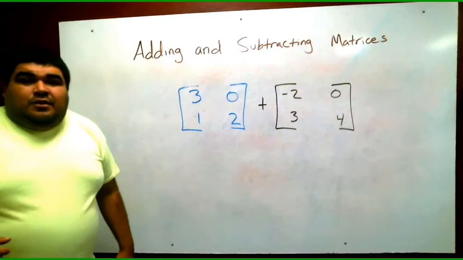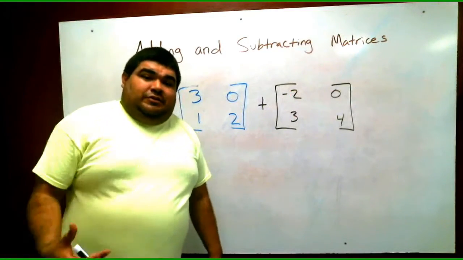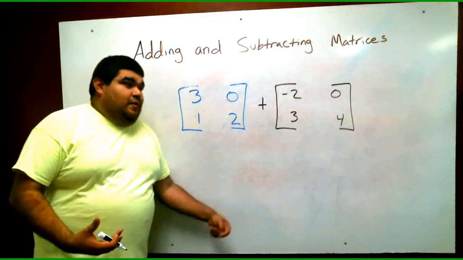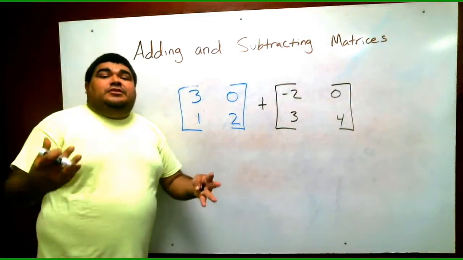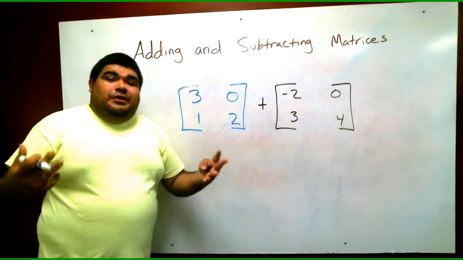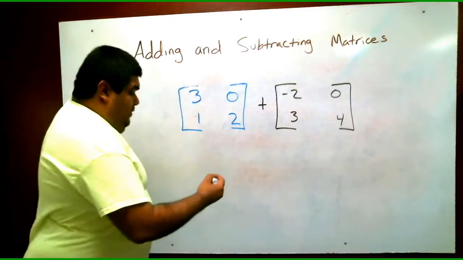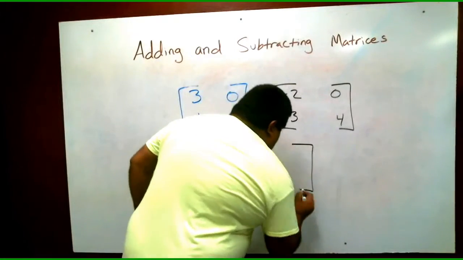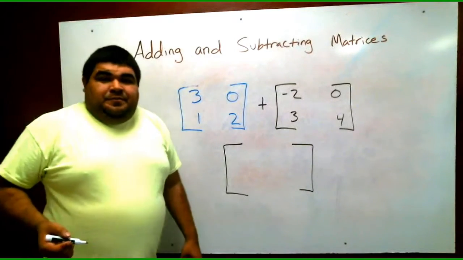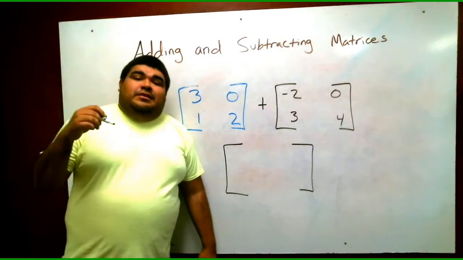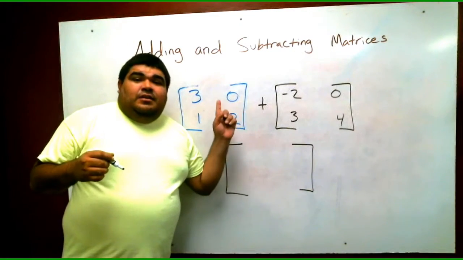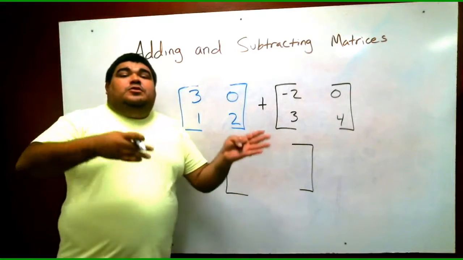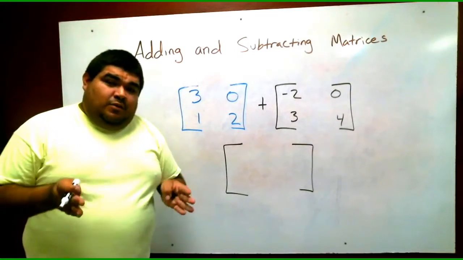Since we're adding two matrices, your final product has to also be a 2 by 2. The reason why it has to be a 2 by 2 is because you're only adding the place the number is located at to the other one in the same place it's located at.